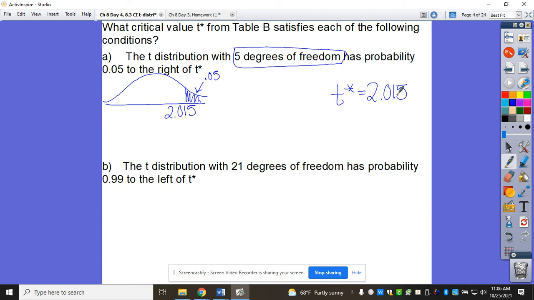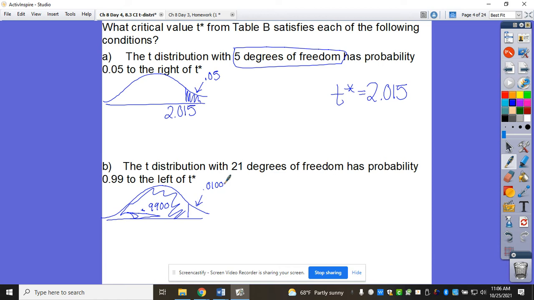What about, so now I'm saying to the left, well, if 0.99 is shaded to the left, that really leaves me with what on the right? 0.01. My tail probability is 0.01.